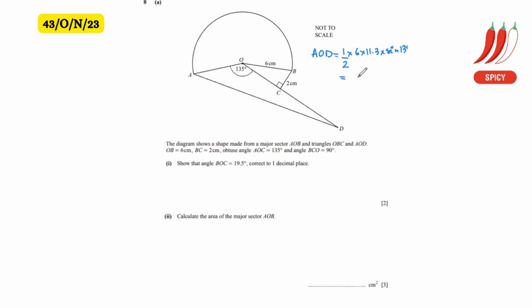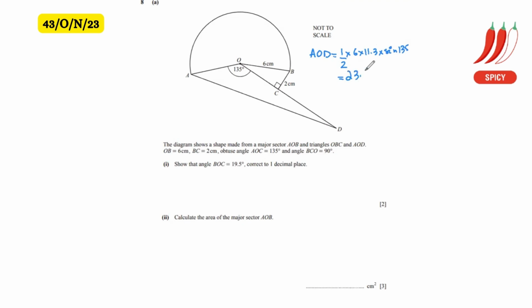That's going to give us 23.97 centimeters squared. For the area of OBC, that's going to be 1/2 times 2 times OC, which was 5.65. So 2 times 5.65 divided by 2 is the same as 5.65 centimeters squared.